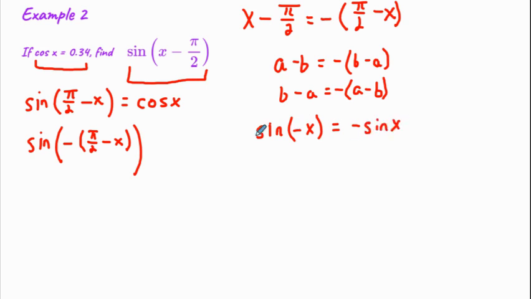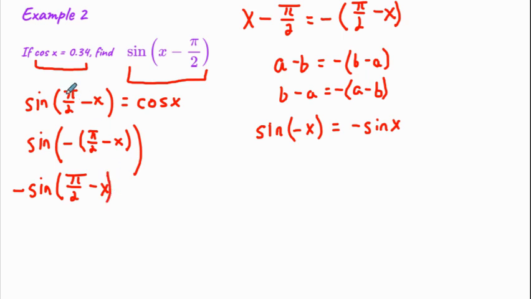So sine negative x equals negative sine x. Now, if we think about the unit we just finished, this is effectively saying that for sine, a reflection across the y-axis is the same as a reflection across the x-axis. So we're going to go ahead and do that. It's kind of like we're factoring the negative sign out of it. Negative sine of pi over 2 minus x.